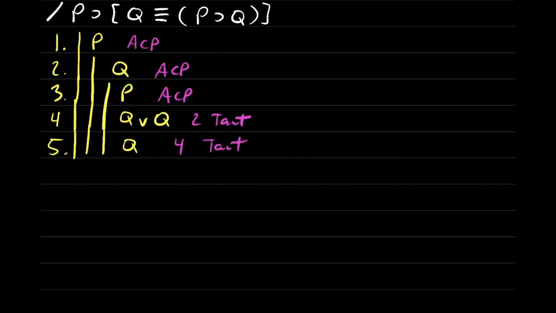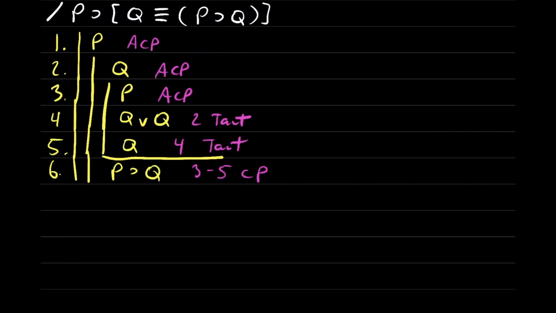Okay, now I've shown that P implies Q from lines 3 through 5. So I can close off that conditional proof sequence. P implies Q. And that follows from line, let's see, 3 through 5 by conditional proof. Now I've shown that on line 2, if I assume Q, I can get P implies Q on line 6.